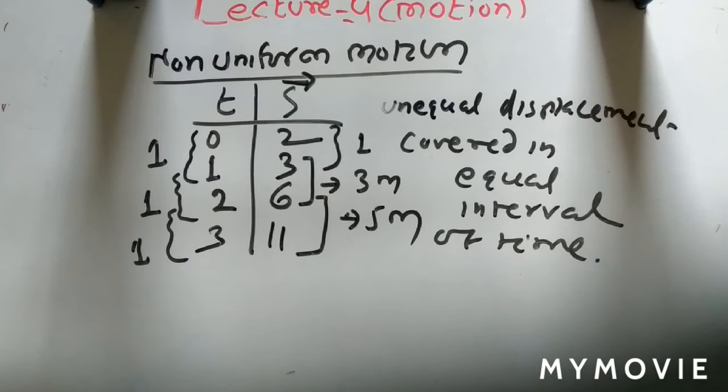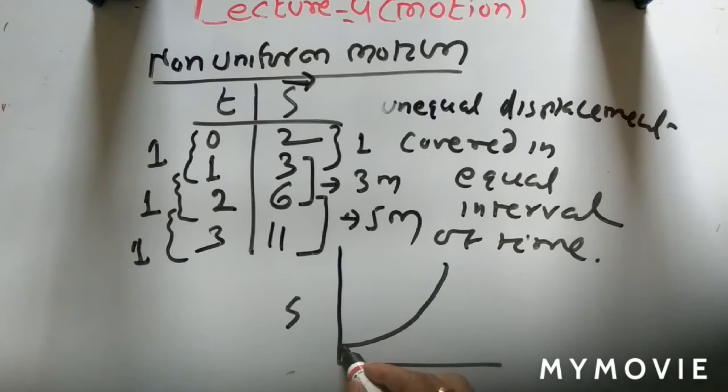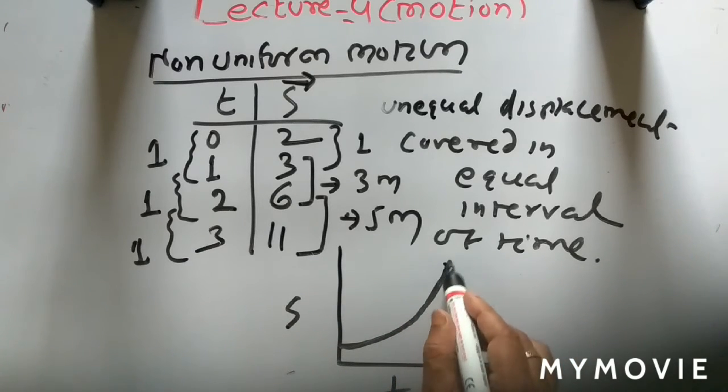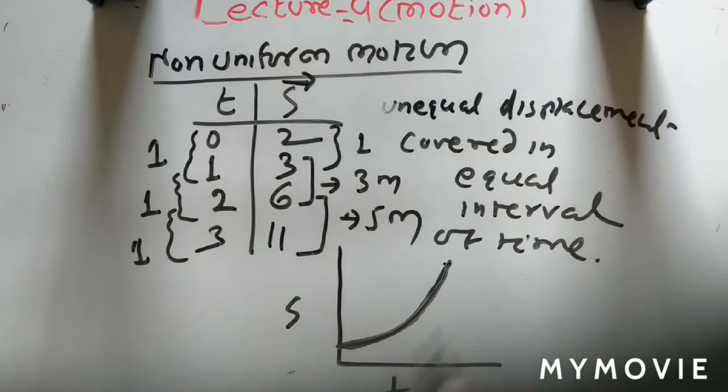Clear? And in that case, for non-uniform motion, the displacement versus time characteristic is not a straight line, rather it is a curve. So if it is a curve, what will happen? The slope at various points will be different.